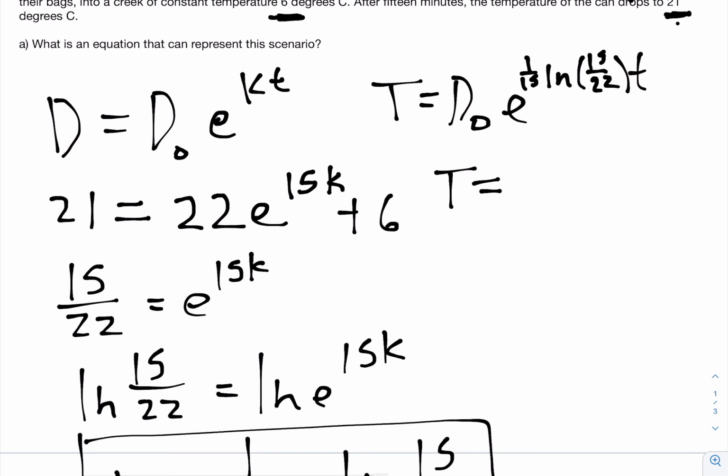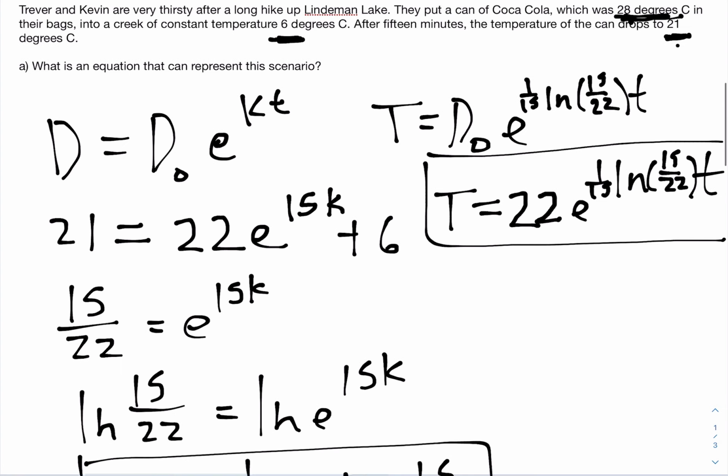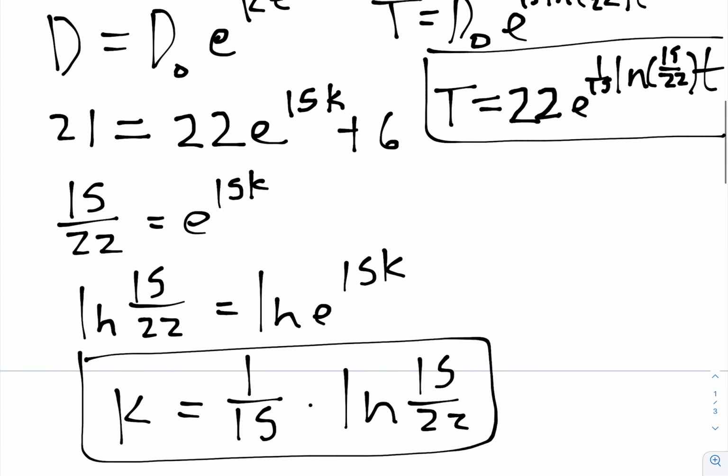So what is the initial difference? It is 22. It's equal to 22 e to the power of 1 over 15 ln 15 over 22 t. You can put the exponent into decimals there, but that's the exact value for what k is. That's how we can represent the actual equation and the rate constant.